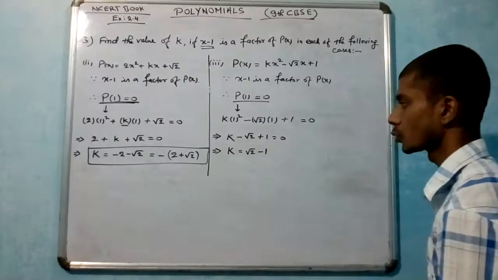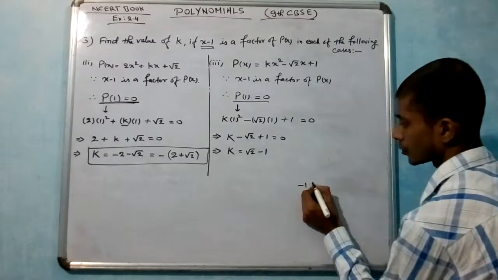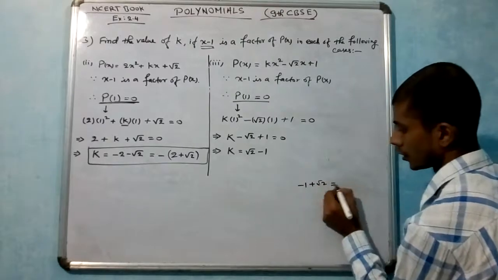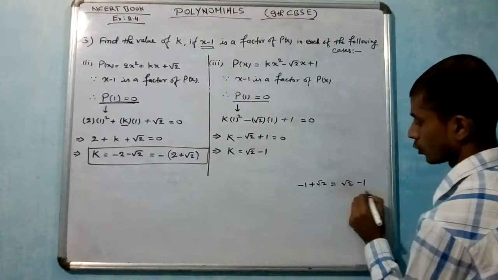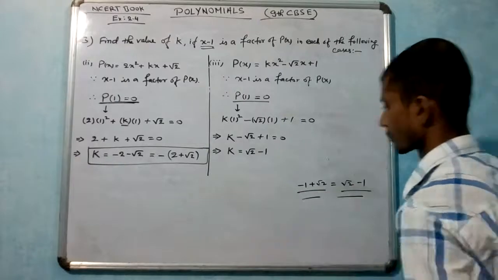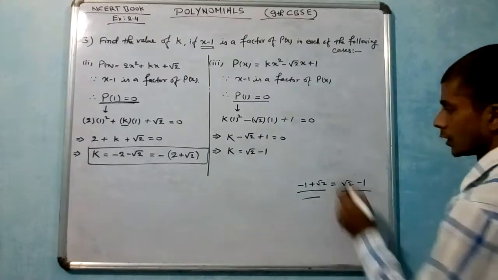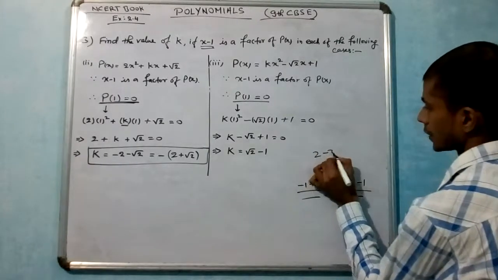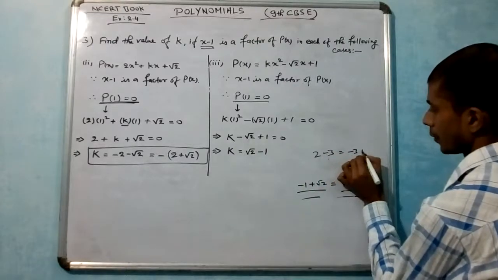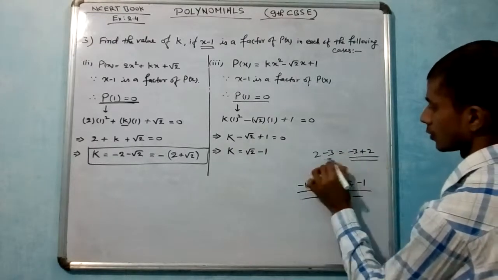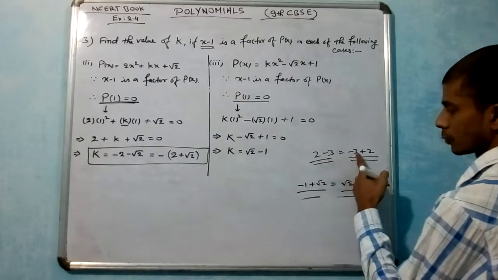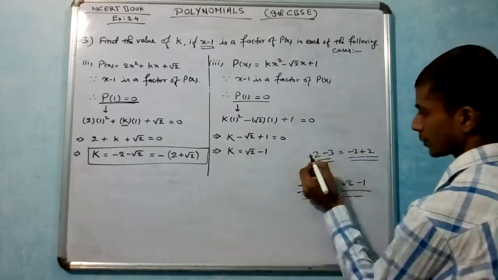Plus root 2 minus 1 plus root 2. Either you write minus 1 plus root 2 or you write plus root 2 minus 1. Both are the same thing, no? Either you write 2 minus 3 or you write minus 3 plus 2. Both are the same thing or not? Here minus 3, here also minus 3, here plus 2, here plus 2. Nothing written means plus 2.